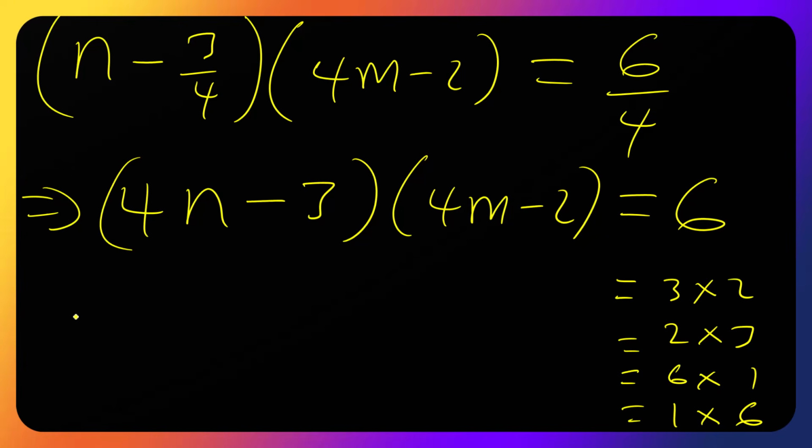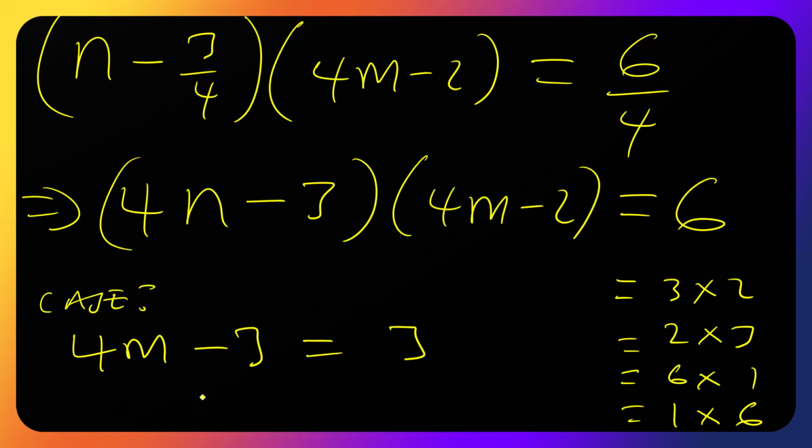Okay, so let's see what we can do here. So case 1, so this side and this side. So the first one equals this, the second one equals that. So 4n minus 3 equals 3, and then 4m minus 2 equals 2.